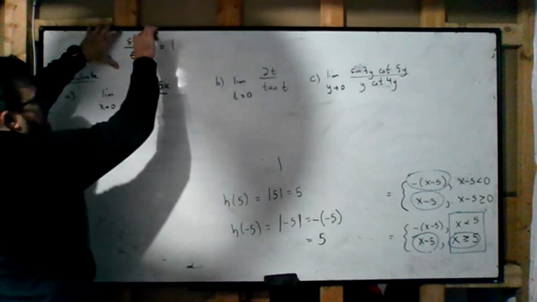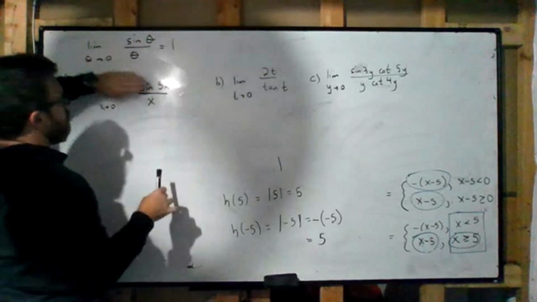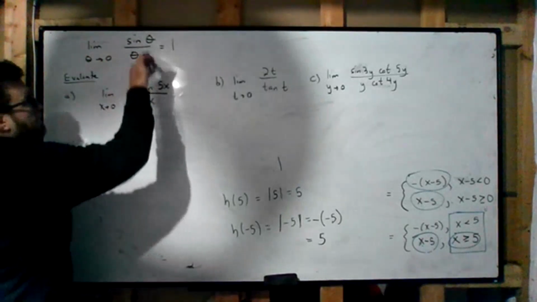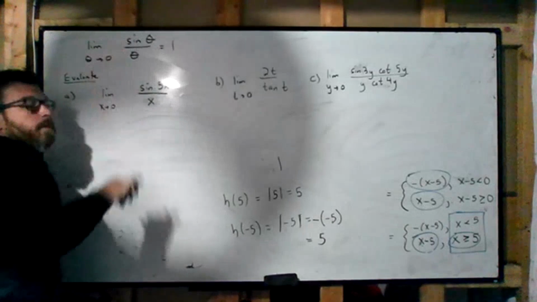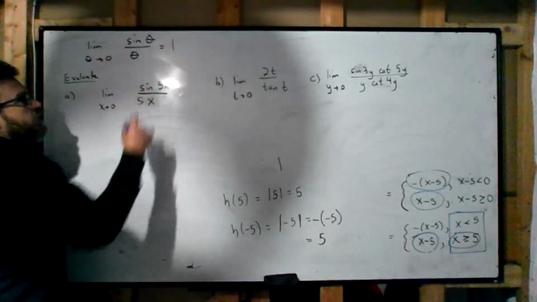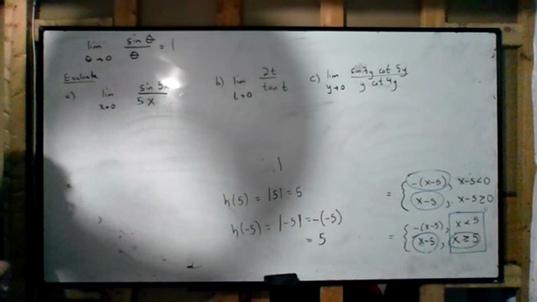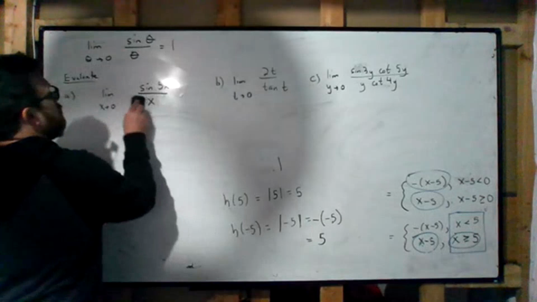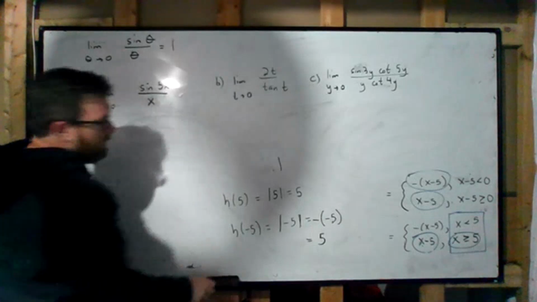So whatever theta is here, I need theta here. So in this case, I can see that theta is 5x. So if I have a 5x right here, I need the bottom to be a 5x as well. But unfortunately, I can't just drop a 5 in there because I want it there. I have to multiply by 1.